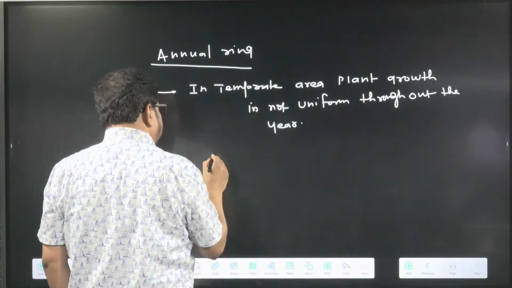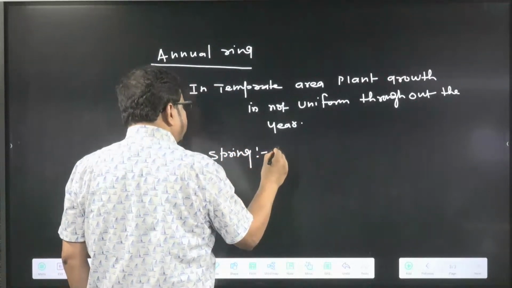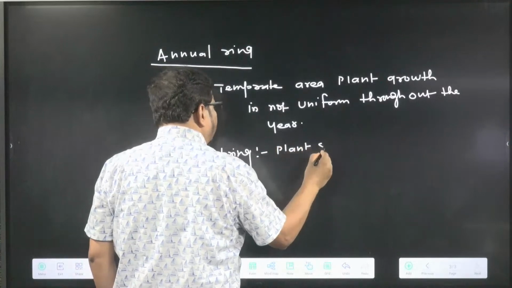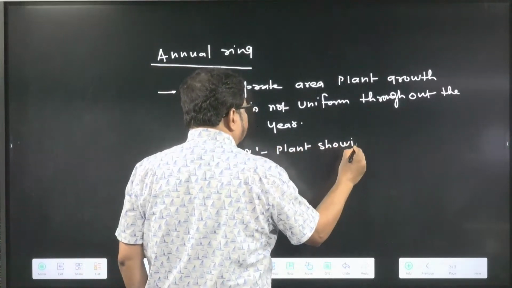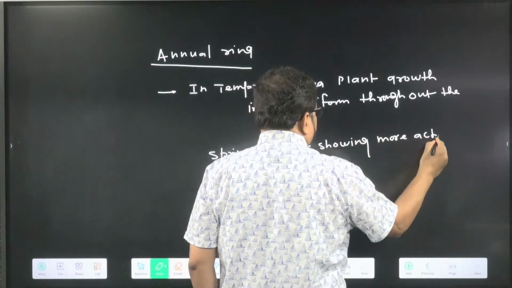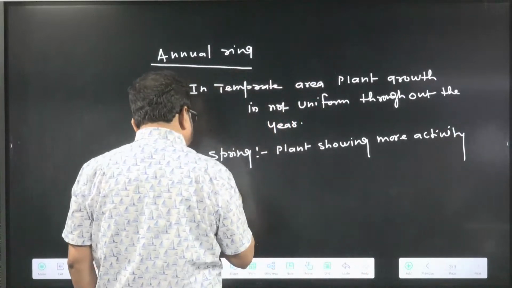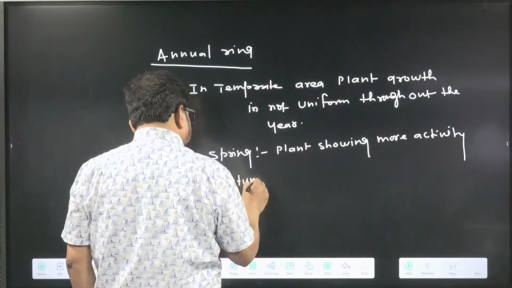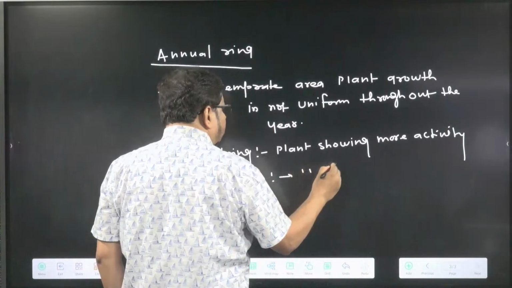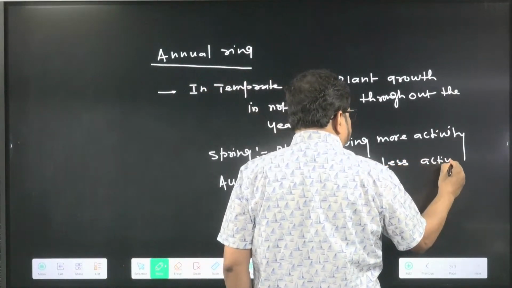So in spring season, plant shows more activity, and in autumn season, plant shows less activity, meaning less division.